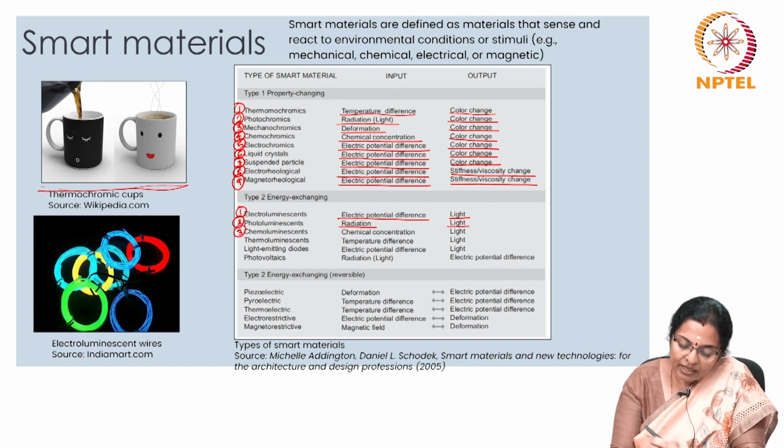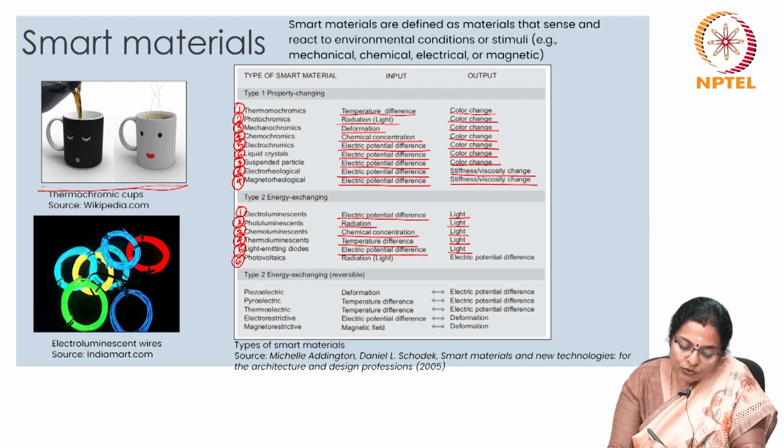Chemoluminescence, when the input is chemical concentration, output is light. Thermoluminescence, when the input is temperature difference, output is light. Light emitting diodes, when the input is electric potential difference, output is light.